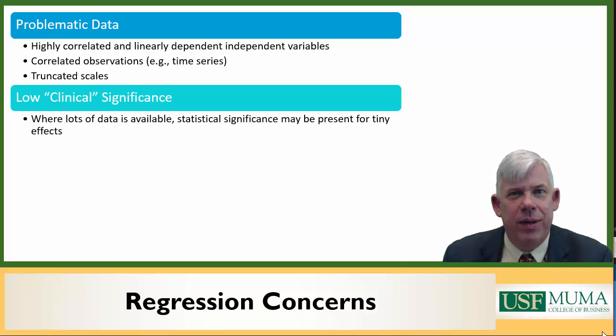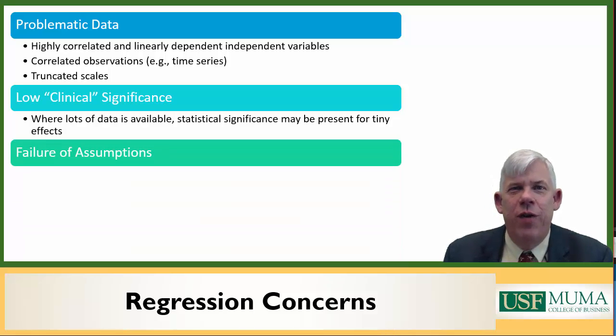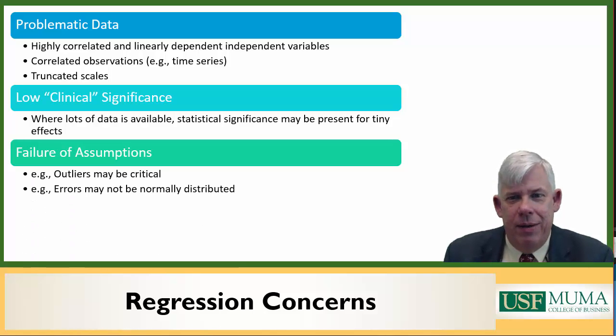but it doesn't necessarily mean it's going to be any use. Another thing is a failure of your underlying assumptions. In cases like wealth, which I talked about, the outliers may represent a very, very important part of your data. You see this, for example, in citations to research.